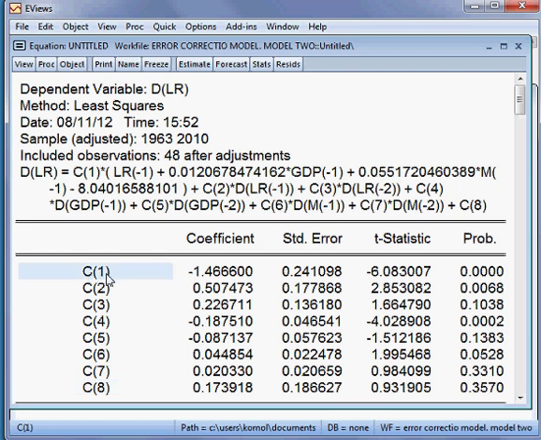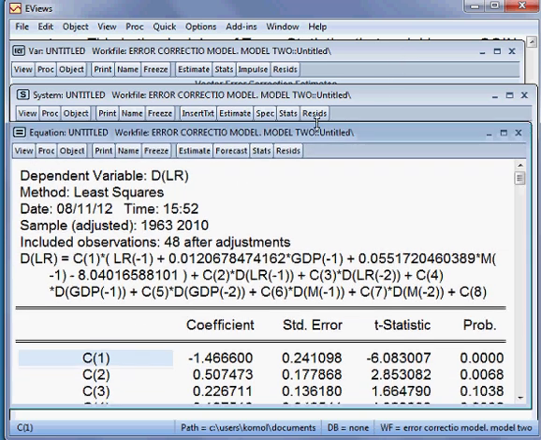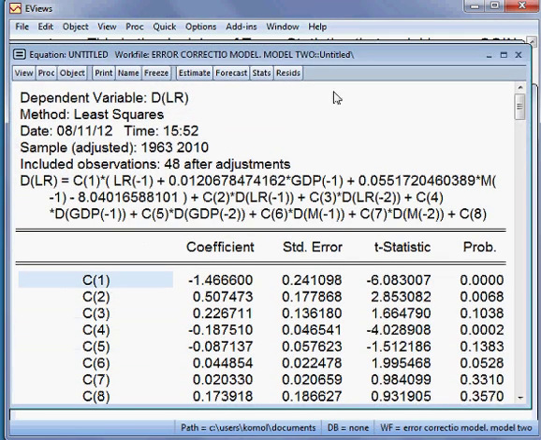Okay, and what is here is C1. This C1 means this one. Now, what is the guideline? Sorry, I've made a mistake. What is the guideline? The guideline is that this C1 should be significant and the coefficient of this C1 should be negative.